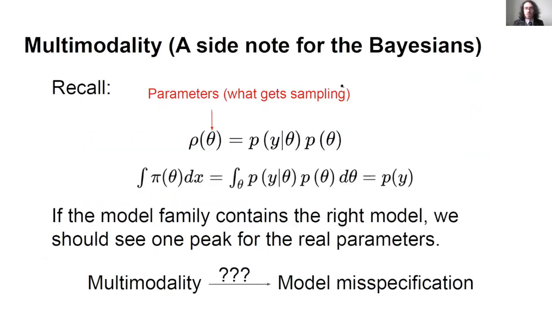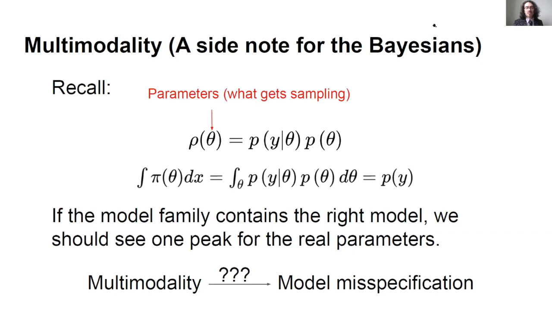So I want to give a quick side note for the Bayesians in the audience. Recall a bit about what we're actually doing in Bayesian statistics. We sample this probability, rho of theta, which is proportional to the probability that you have a certain parameter set given your data. And there is a bit of folk wisdom here, encapsulated by the folk theorem of computing by Andrew Gelman, which in this context boils down to: if the family of models you're using contains the right model, then you should reasonably expect to see one good peak for the real parameters.